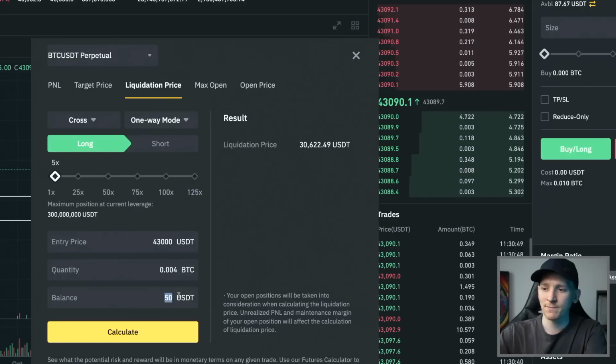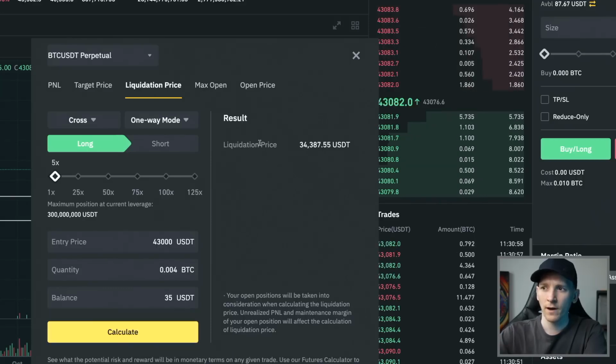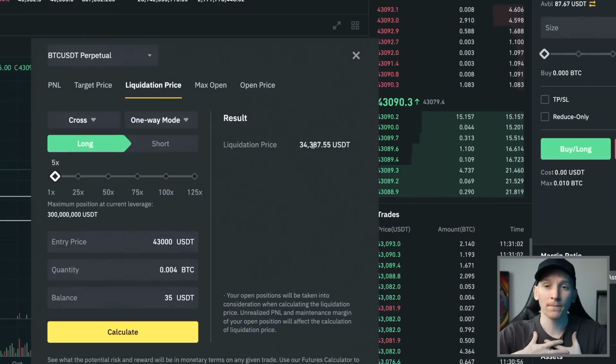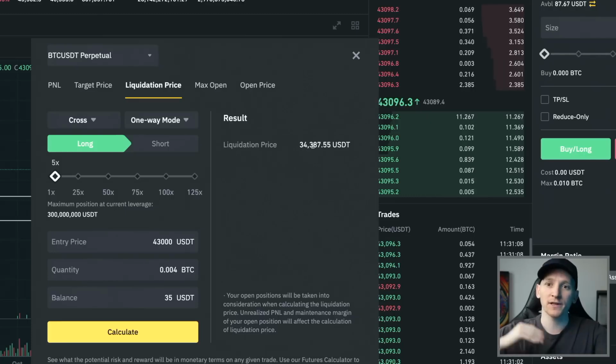We can actually put less money into the account. That's insufficient here, so we'll go $35. That's about right. So our liquidation price would be 34,000. Our stop loss price is 38,000. That's good. Our stop loss is within our liquidation. We don't want our liquidation to be above our stop loss because we're taking too much risk.